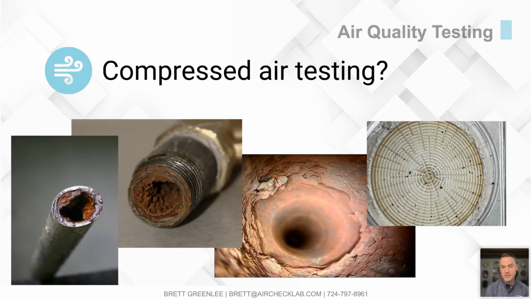Now, where can these contaminants come from? Let's start with particles. Obviously, any of these contaminants can come from being in the ambient air in large volumes, and then they're going to be compressed through our compressor system, right? So we're going to see them in much, much higher concentrations once they're put through that compression. Now, the important part to know here is where these can come from. And most of the time it's ambient. Other times it can be from the compressor itself.